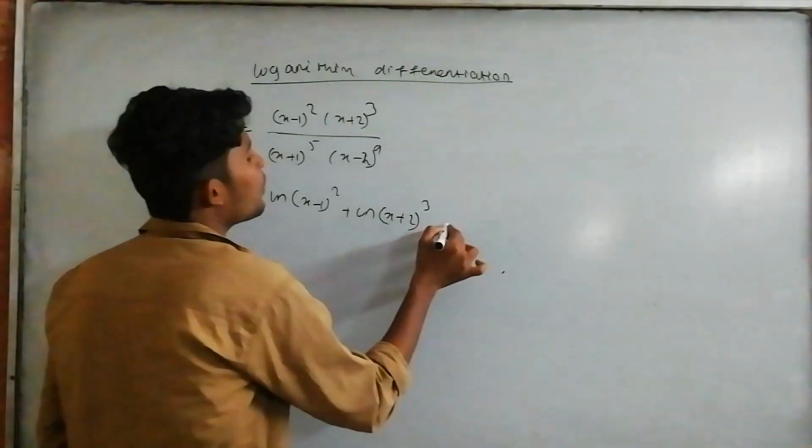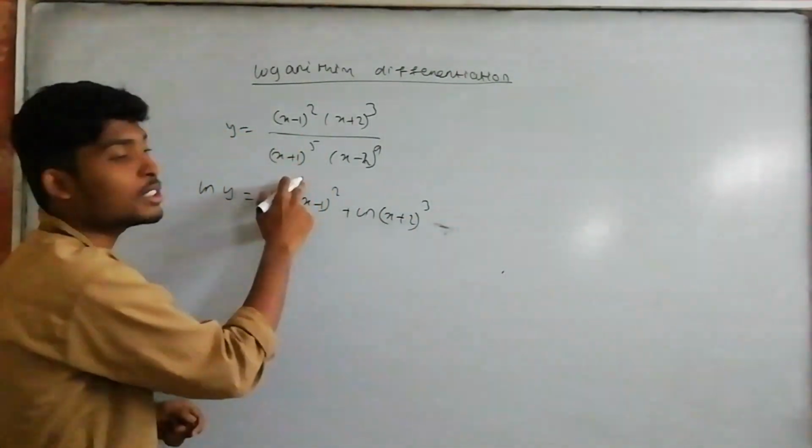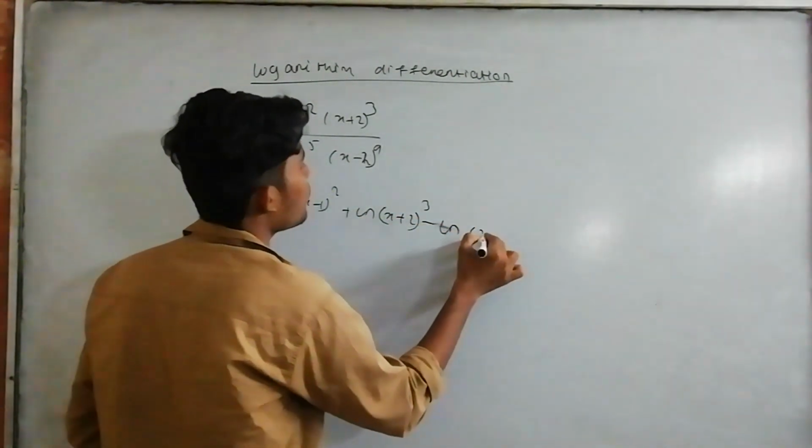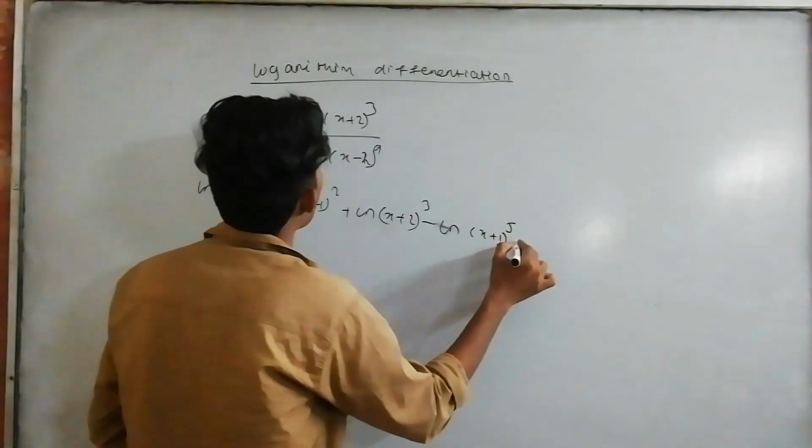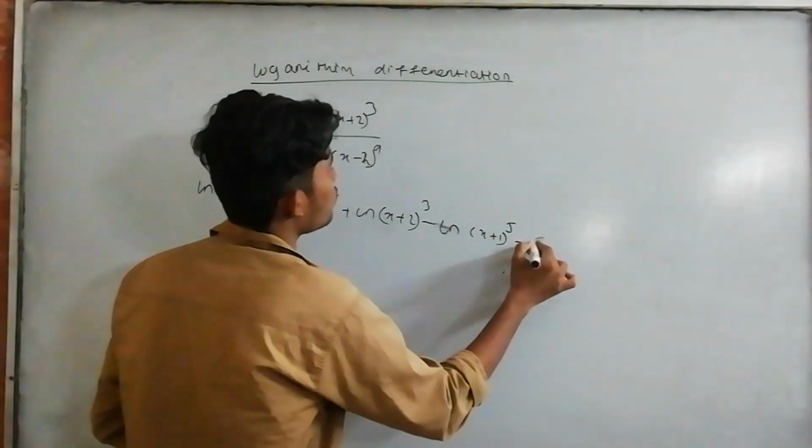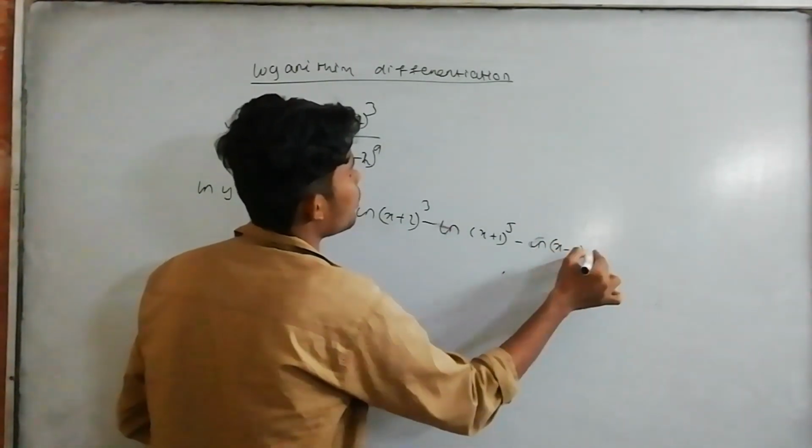If there is a division, then it becomes subtraction: minus ln of (x plus 1) to the power 5 minus ln of (x minus 2) to the power 9.